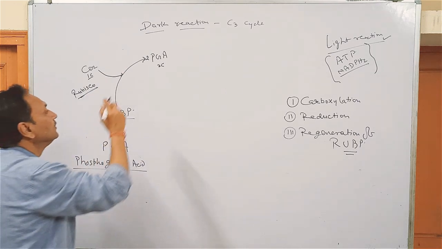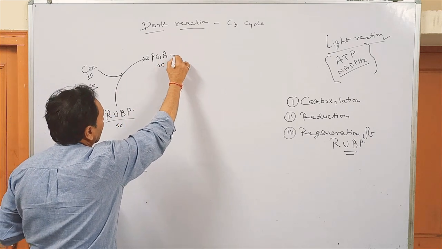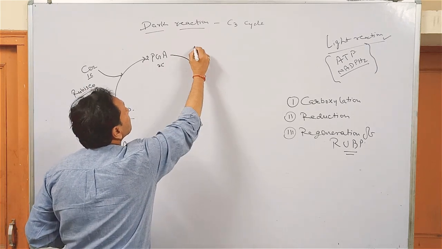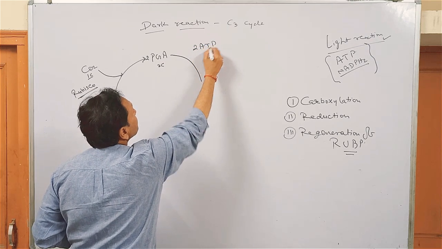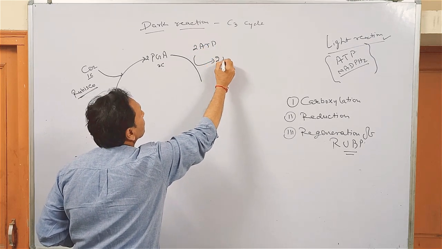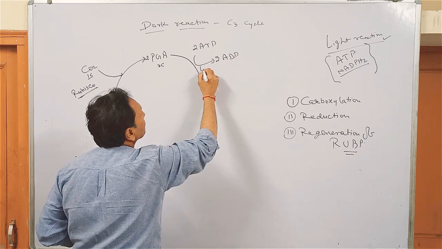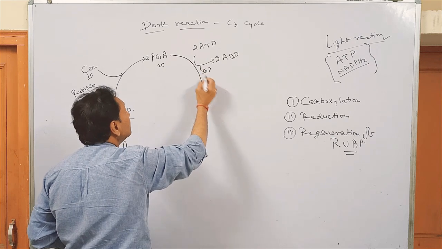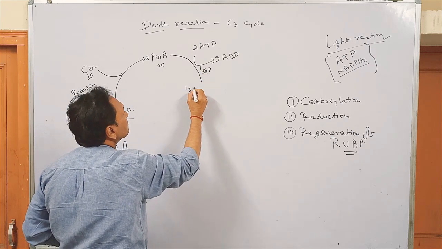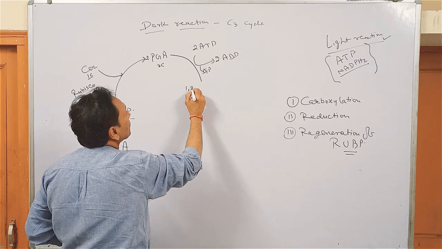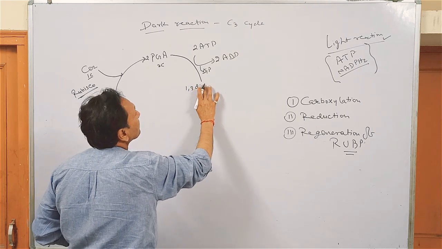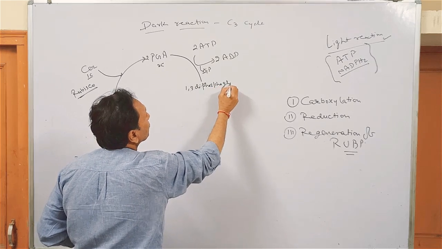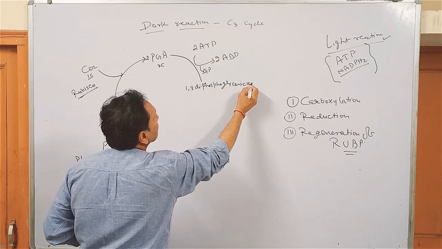As you know, this phosphoglyceric acid, after utilizing 2 ATP to 2 ADP, with 2 molecules of inorganic phosphate evolved, forms 1,3-diphosphoglyceric acid.